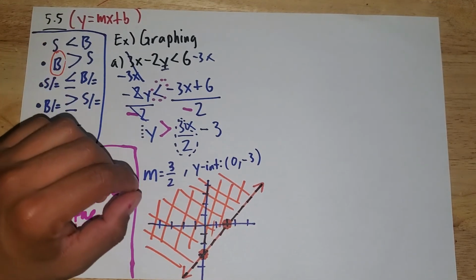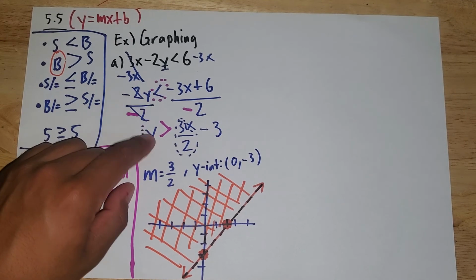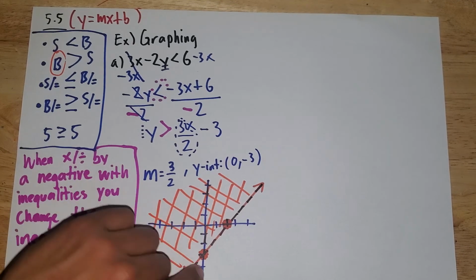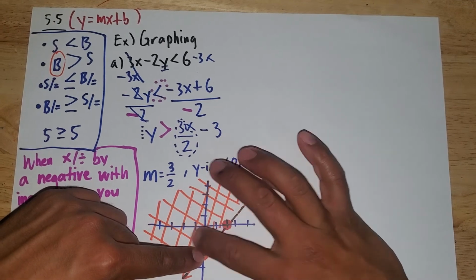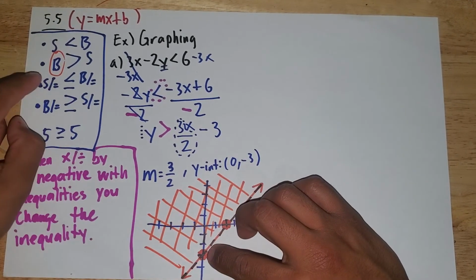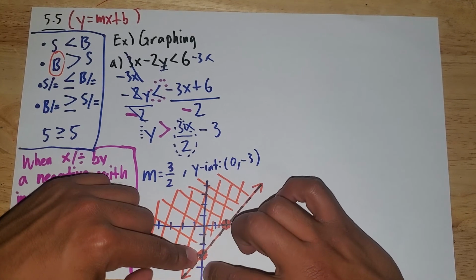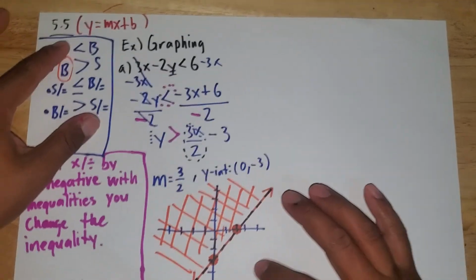For the shaded region, you have to go back to the inequality and look at your y. If y is bigger, then that's going to be above, literally the values that are above this y-intercept. So it's going to be on this side. And if y was the smaller one, it'd have to be the values that are smaller, which would have been this area here on this side.